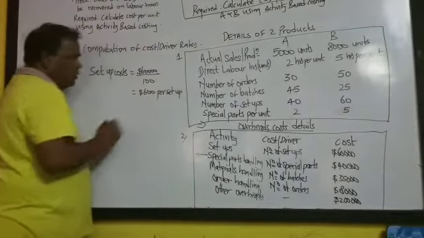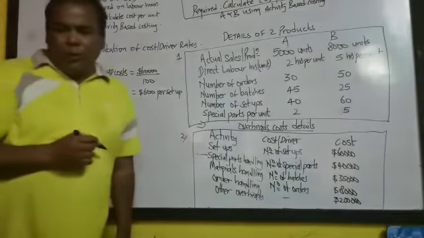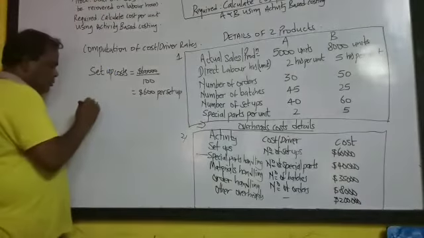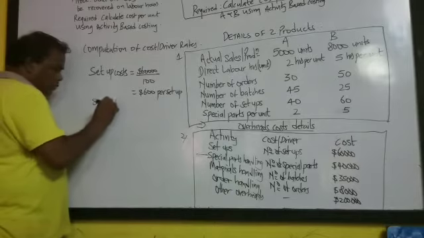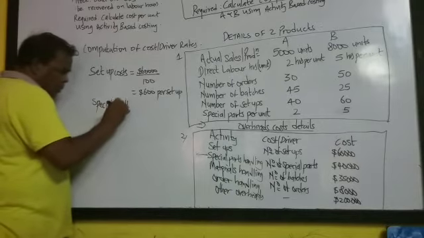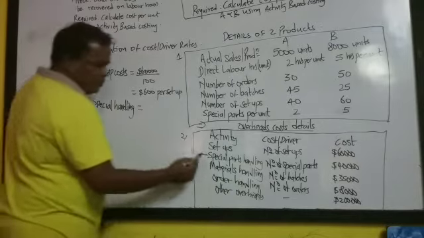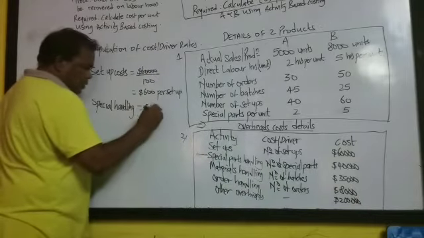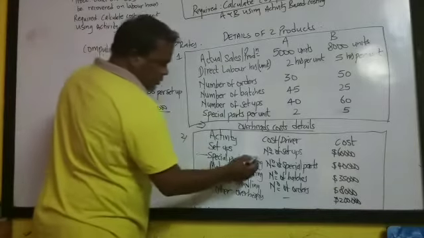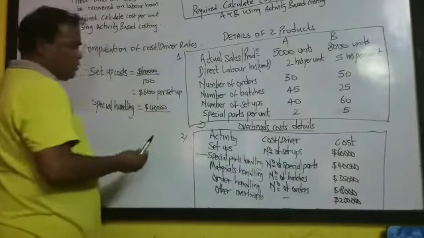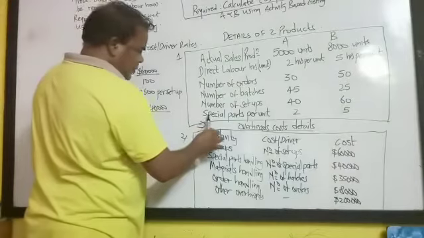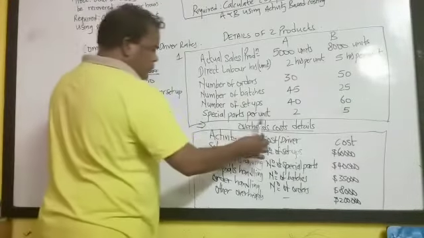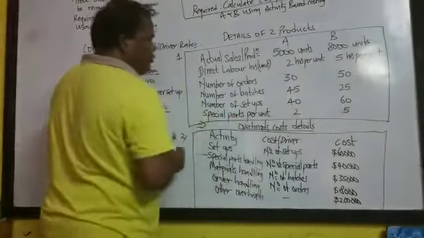Second, we have to calculate for special handling parts. What is the cost for special handling parts? The cost is 40,000, and it will be based on the number of special parts. Here we have number of special parts, 2 per unit and 5 per unit.